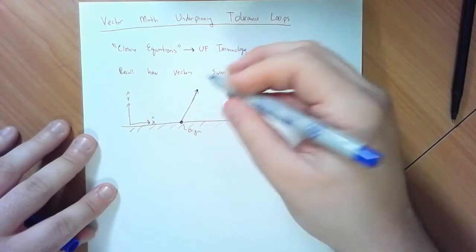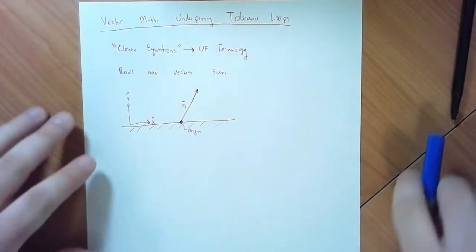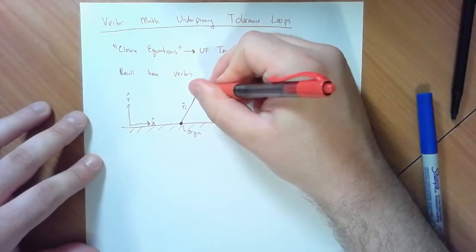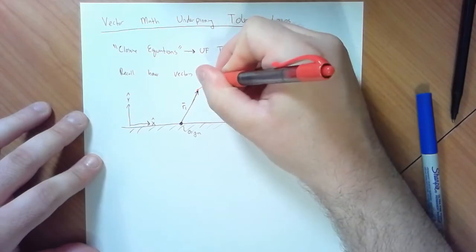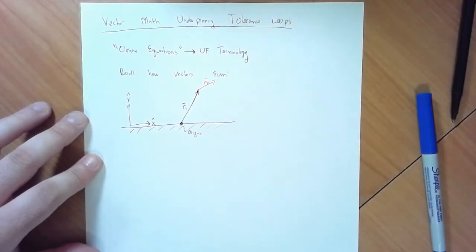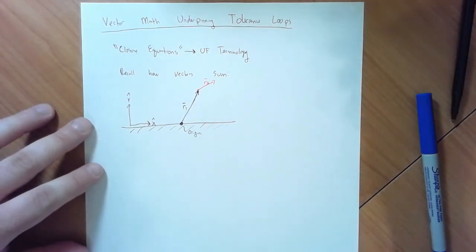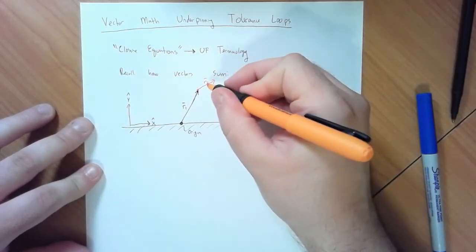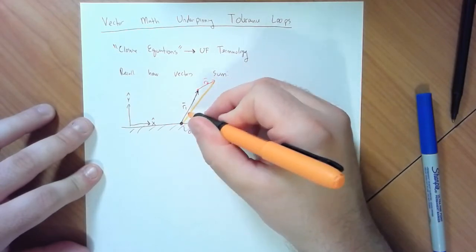So there's one vector. We'll call that R1. Have a second vector that starts from where R1 finishes. We'll call that R2. And then we'll have a third vector. And the third vector is going to be slightly different in that it's going to intentionally be set so that it goes all the way back here to the origin. So let's see if we can draw this straight. There we go. Okay.